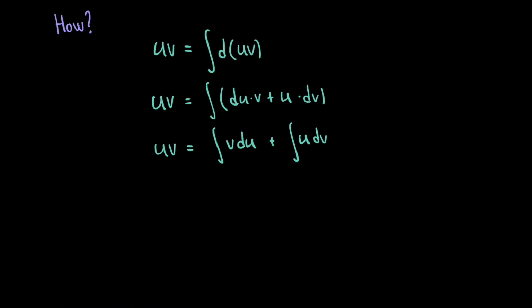And maybe you can see here, all we have to do is move this expression to the other side, and what we're left with is the integral of u dv, and we say that this is equal to uv minus the integral of v du.